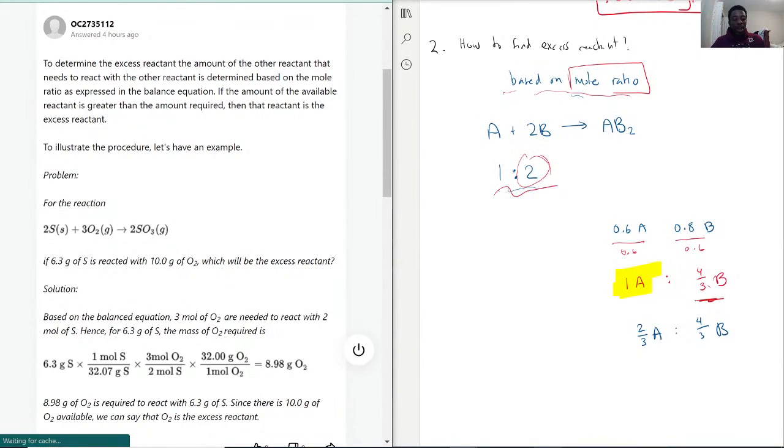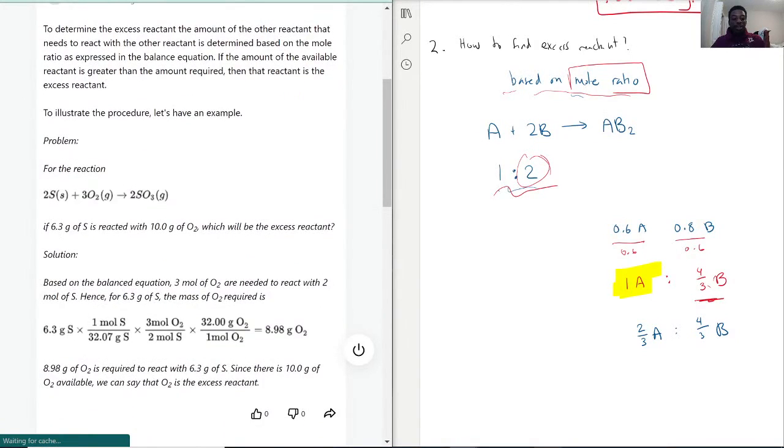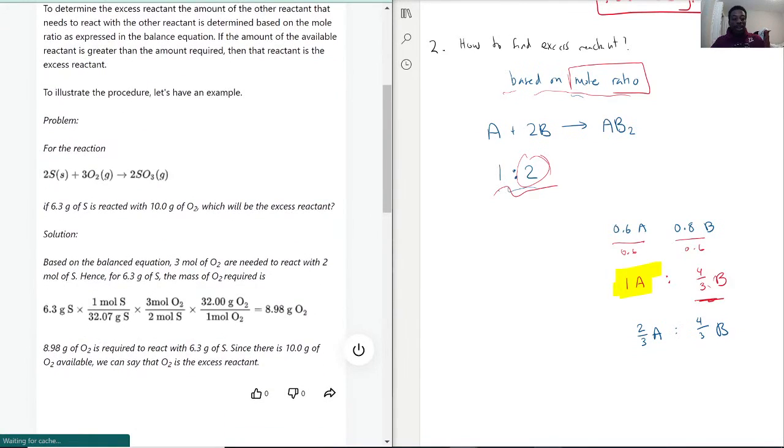Then they converted that back to the grams of oxygen, and they discovered that they needed 8.98 grams of oxygen to react completely with 6.3 grams of sulfur. But we're starting with 10 grams of oxygen. So if only 8.98 was used, that means that oxygen would be the excess reactant in this case.